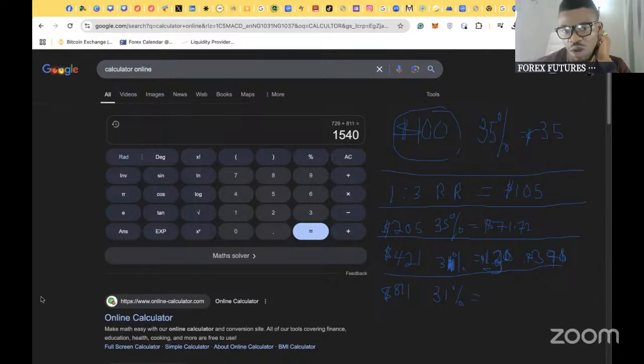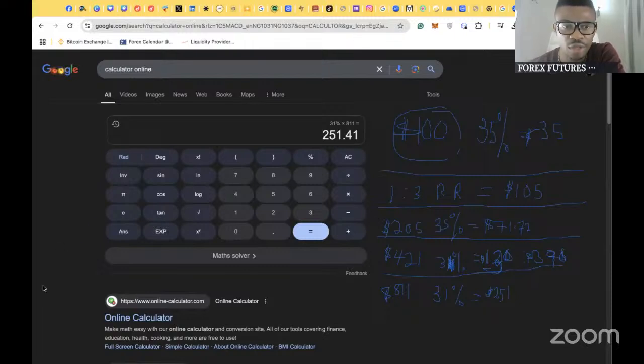And if we are risking 31%, we'll go back here and say 31% times 811, 251. Yes. So this will be the exact risk. We are risking 251, and when we're risking 251, we are targeting 3 times of it.